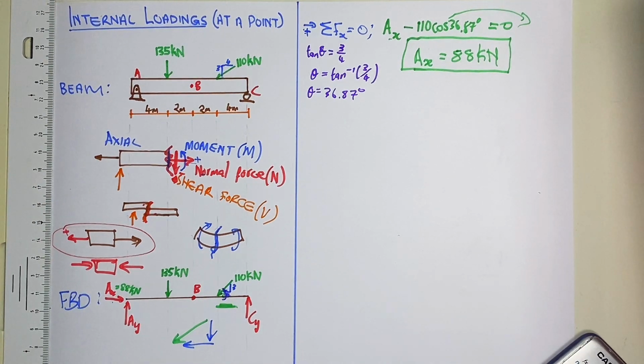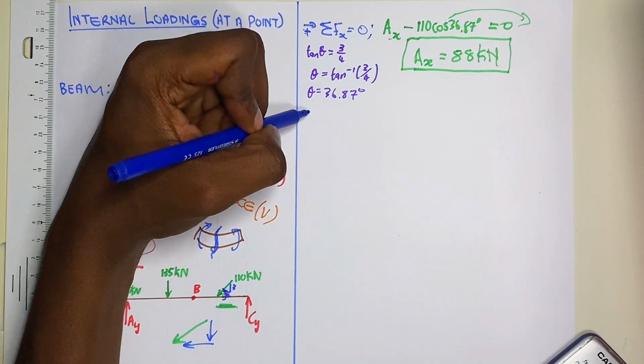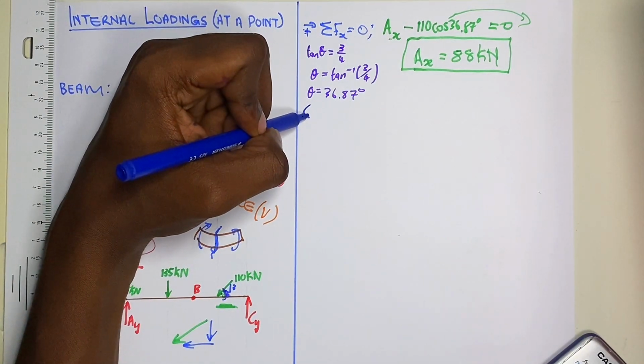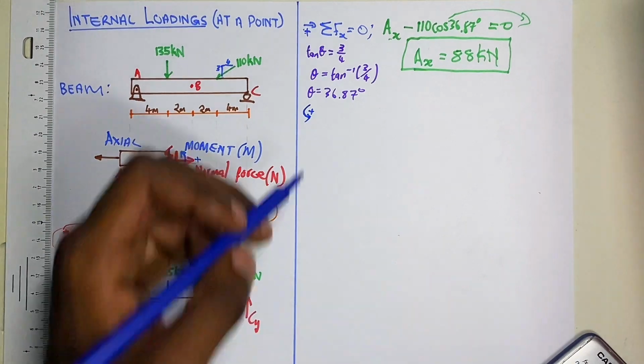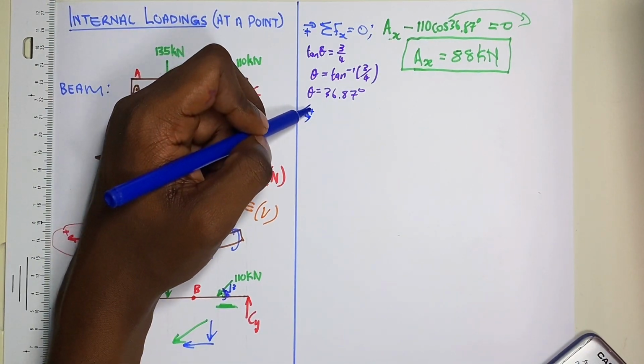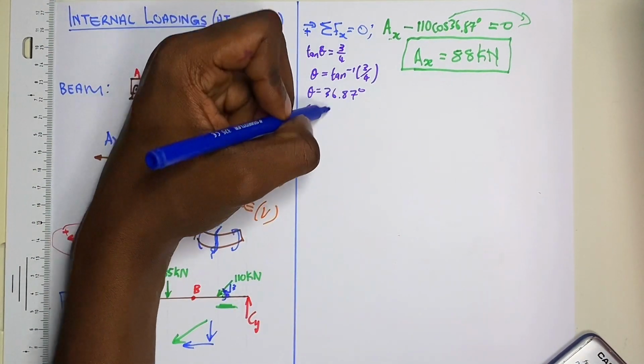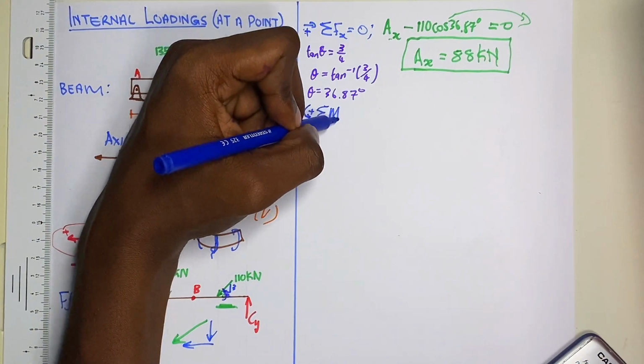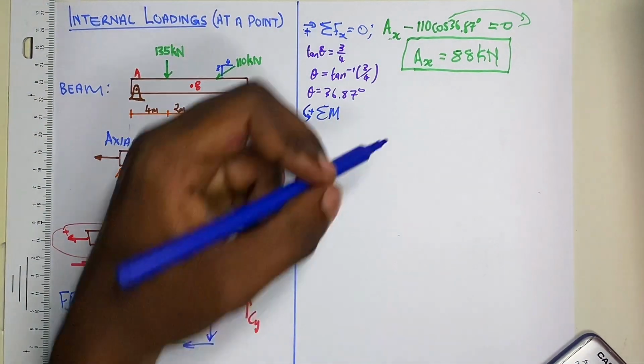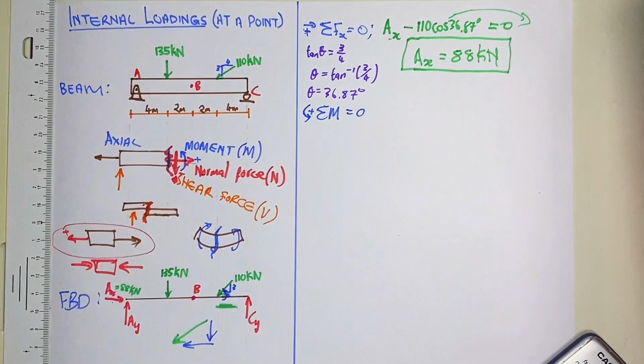So what I can do is use the sum of moments in our beam. Again, we first have to decide on our sign convention, which means deciding which direction is positive. I'm going to take anti-clockwise as positive, and say that the sum of all moments must be equal to 0.